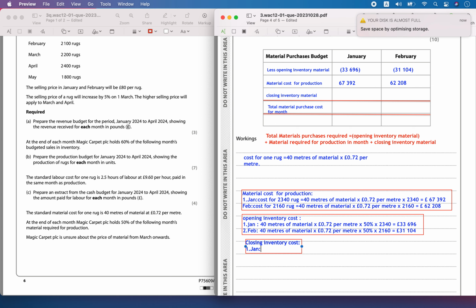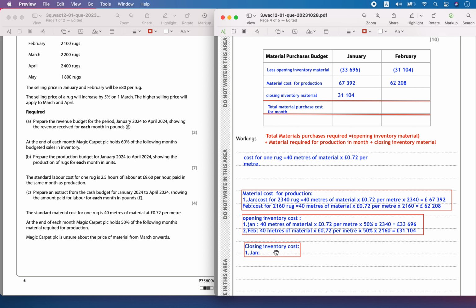So for the month of Jan, we know that the opening of the next month will be the closing of this month, so we can just include it here. It will be 31104.